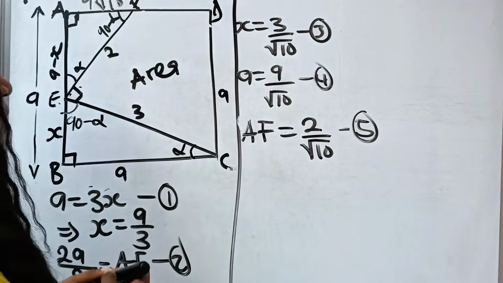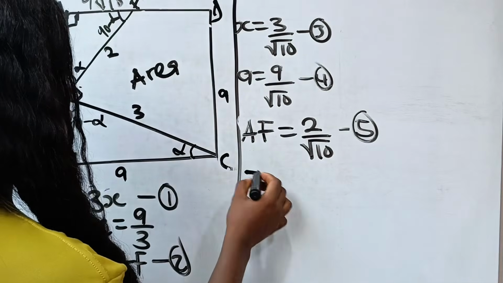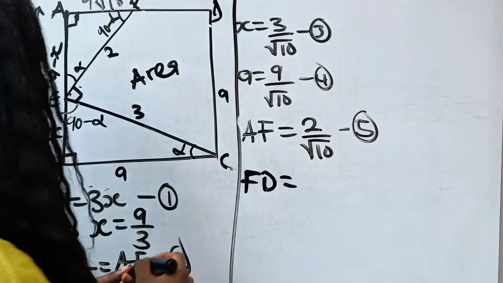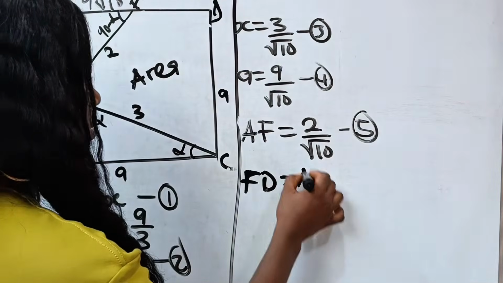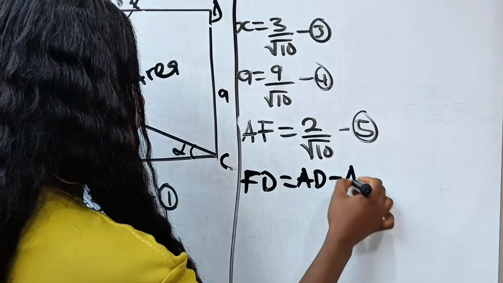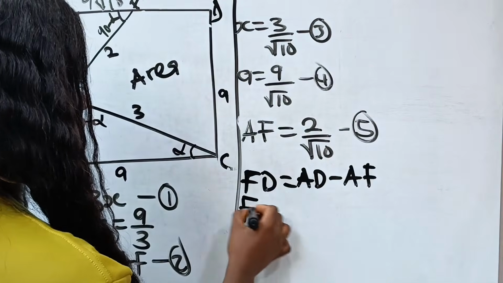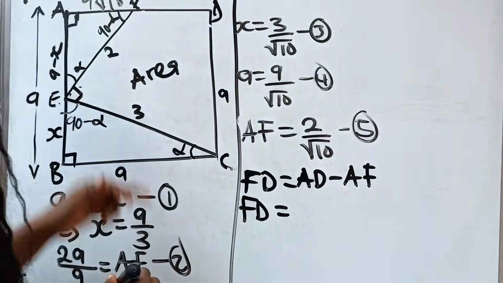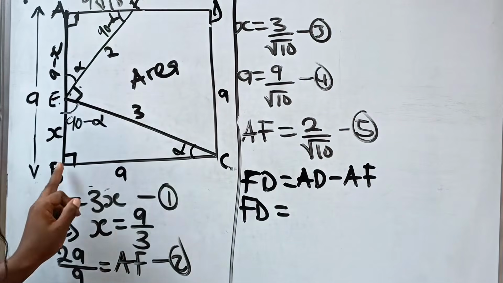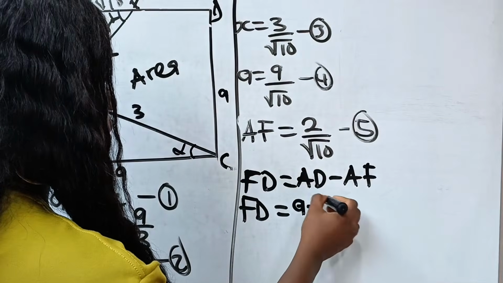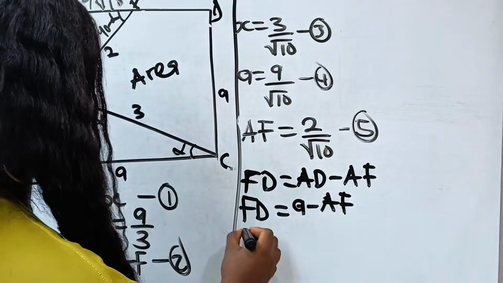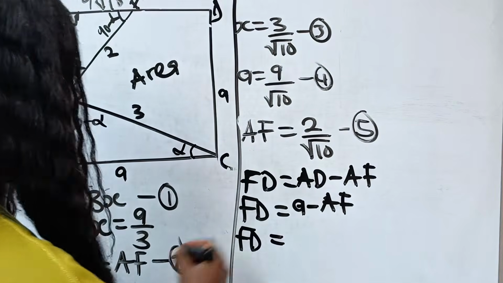Now FD, remember that FD will be equal to AD minus AF. So FD will be equal to, our AD is equal to A, right? So it will be A minus AF.